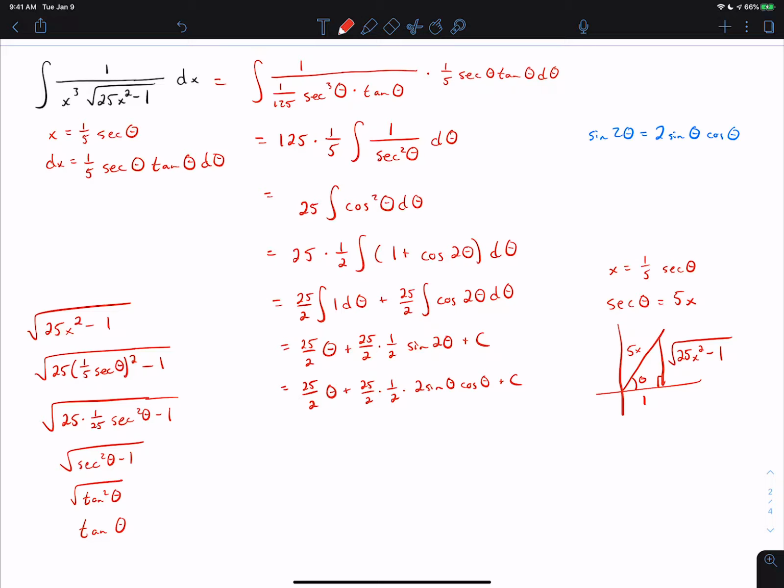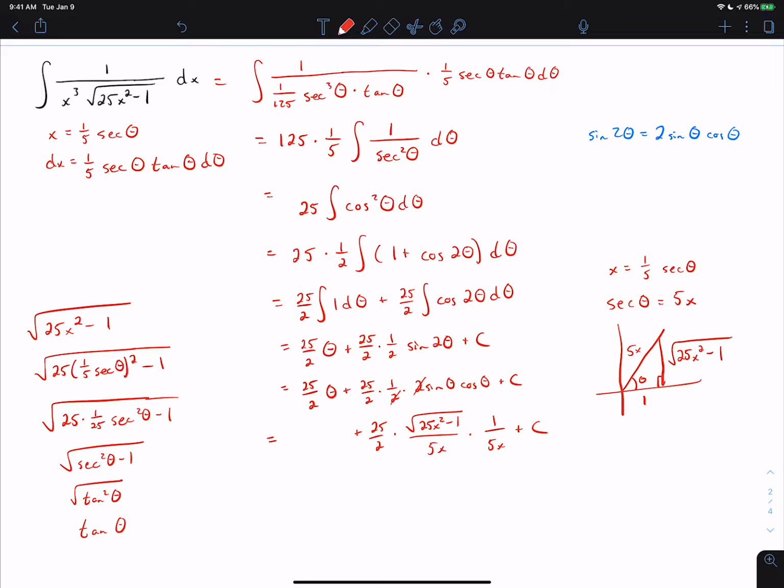All right, so let's simplify that part, and then we'll talk about what happens with theta. So here, the 2's cancel, so we get 25 halves. Sine theta is the square root of 25x squared minus 1 over 5x. Cosine theta is 1 over 5x. And so we get both of those off of the diagram.